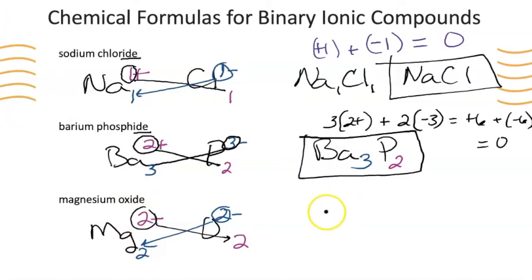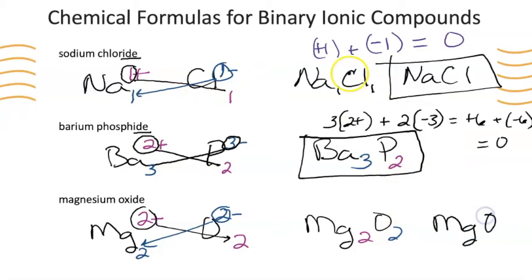When we write this, we have magnesium 2 and oxygen 2. Since both of the subscripts are the same, we do not have to write the subscripts. It's a 1-to-1 ratio. What we can do then is just write it as MgO, magnesium oxide, just as we did with sodium chloride.